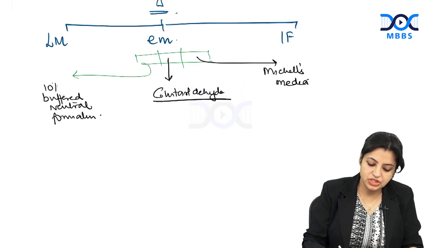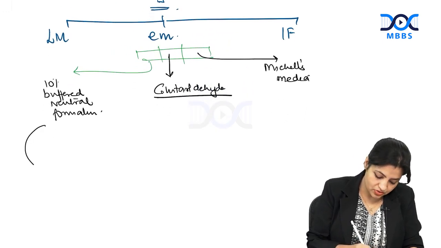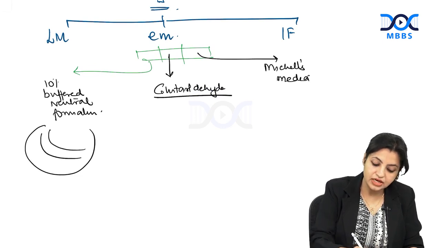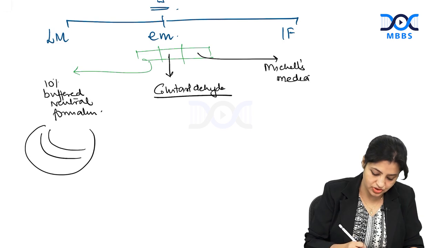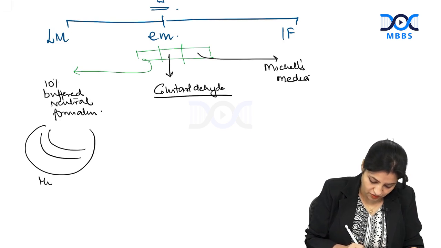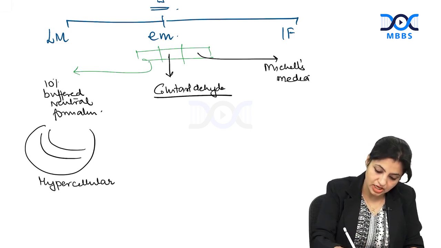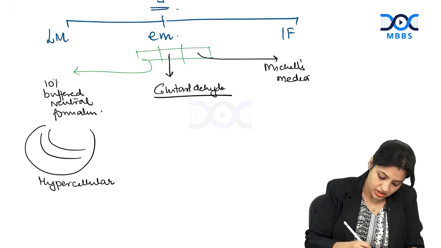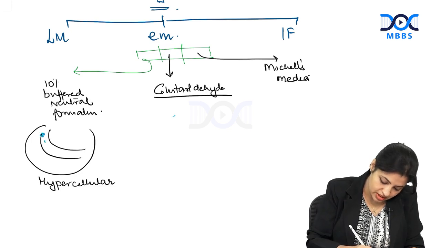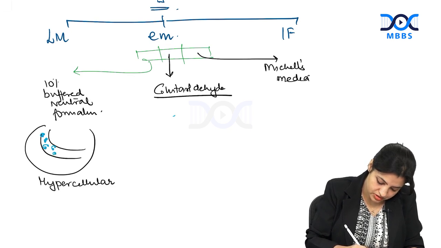Now, what do you see in this? Look at the glomerulus now, and this is the capillary. This is a very hypercellular glomerulus. Why hypercellular? Because everywhere there are neutrophils. Even inside the capillaries, if you look at them, there are neutrophils.